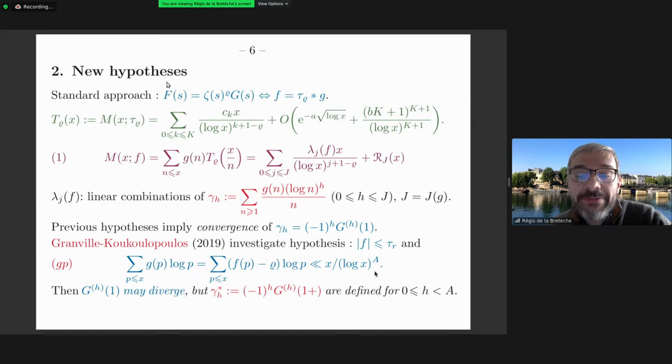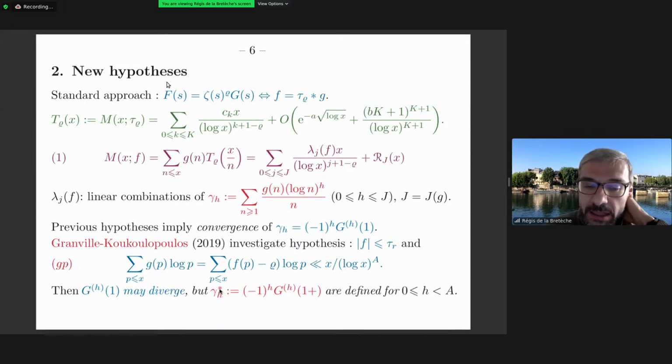But if A is small, then with this formula, the derivative of capital J may diverge. But if you take the limit of the derivative when s tends to 1, s real and larger than 1, then you can have a nice definition of gamma h.